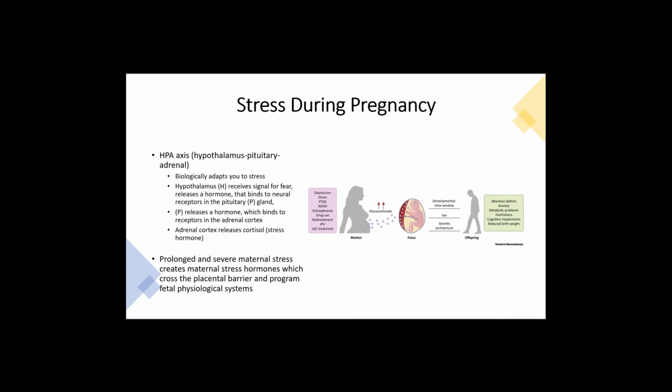If that dosage and duration is high, it could cross the placental barrier and program fetal physiological systems. So literally, your postnatal reactivity to stress, your baseline stress level, is being programmed through this biological mechanism that is the HPA axis.